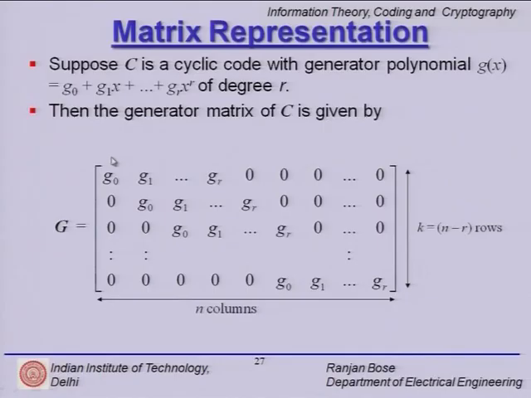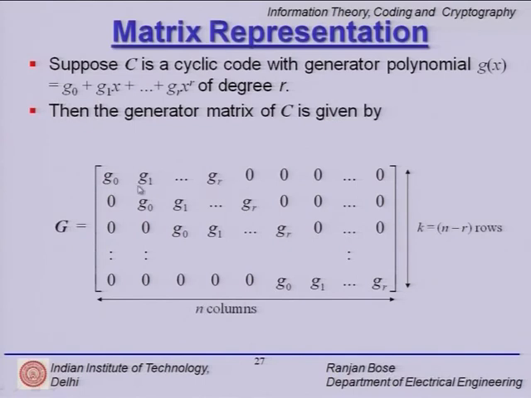Well, g of x is always a valid code word polynomial. So, the corresponding vector is g0, g1, 0 up to n. The length is n, but the degree of g of x is n minus k. So, r goes up to n minus k only.